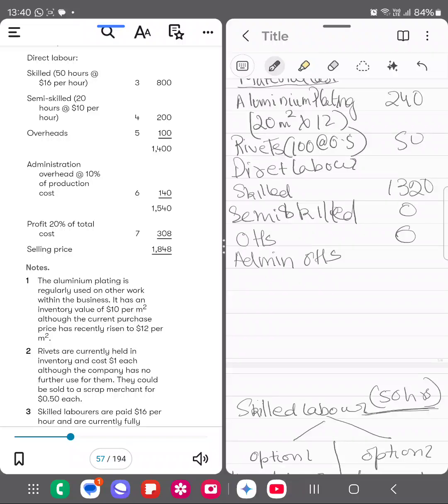So will you consider this administration overhead? No, we shall not, because administration cost will be incurred regardless of whether or not the job is accepted. It is not something which we can avoid.